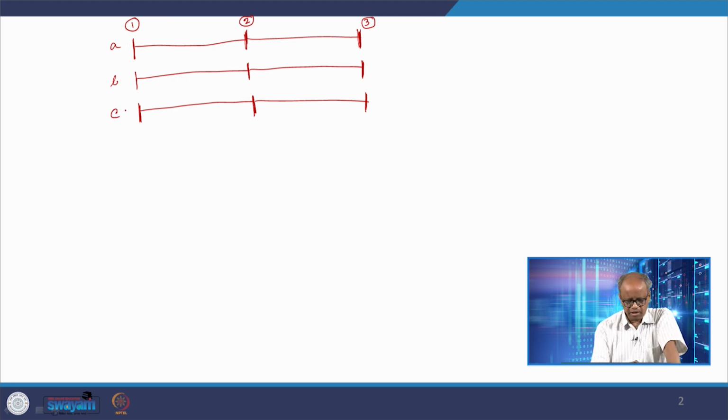Now, please note that all these lines are actually being represented by the equivalent pi model, which we have already seen in our earlier lecture, so we are not going to discuss it. Now, what are the quantities to be known?